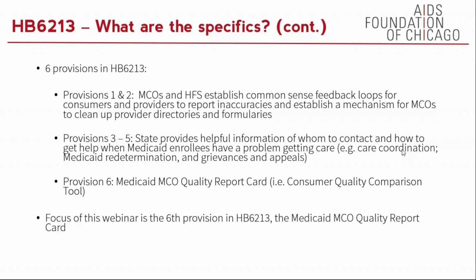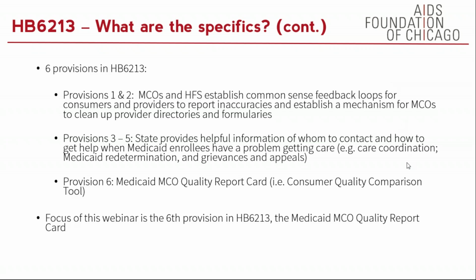And like with the provider directory, the MCOs must investigate and remedy any issues. The formulary info must include the date of publication, a statement that the formulary is up to date, and contact information for questions and requests.